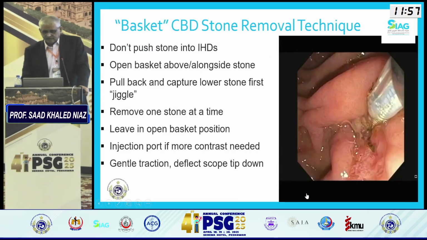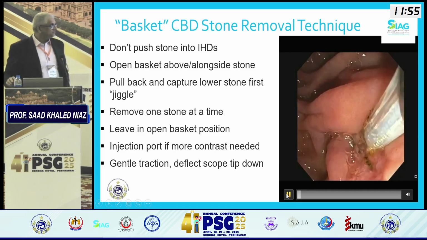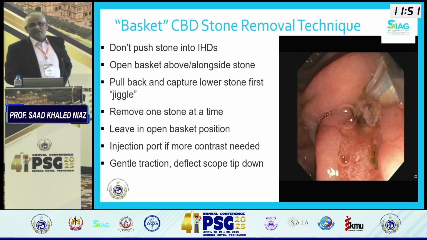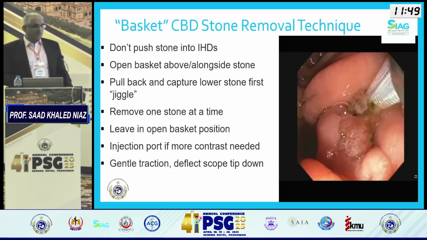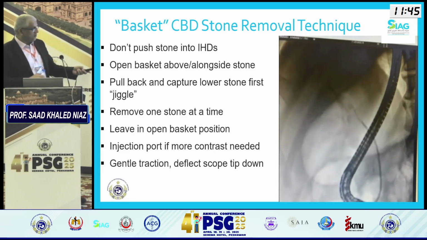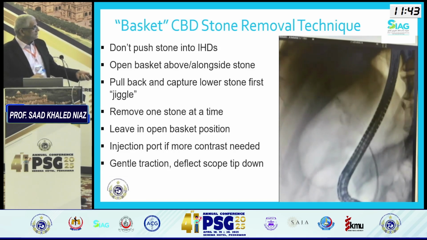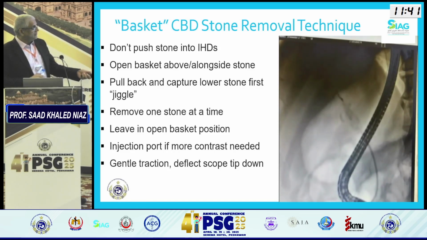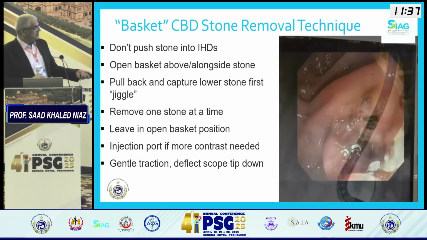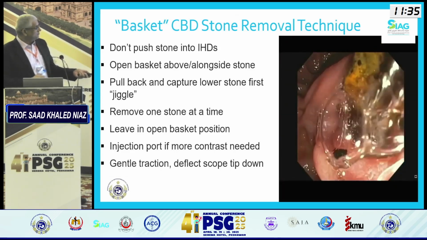Okay, so what do we do with basket? Don't push stone into the intrahepatic duct, whether it's with the balloon or with the basket, sometimes can be difficult. Open basket alongside the stone. Get the stone within the basket wires, pull back.